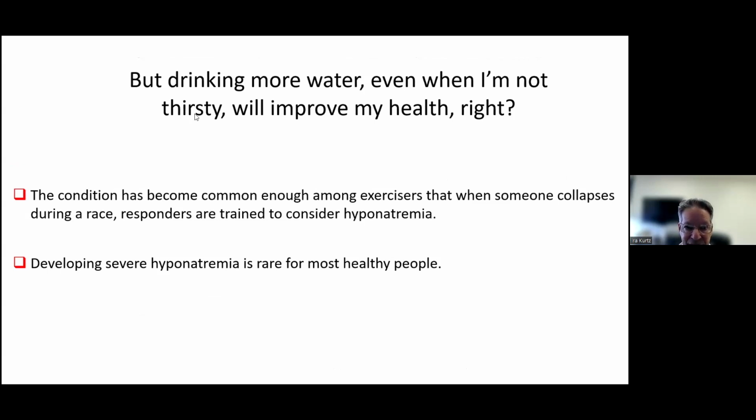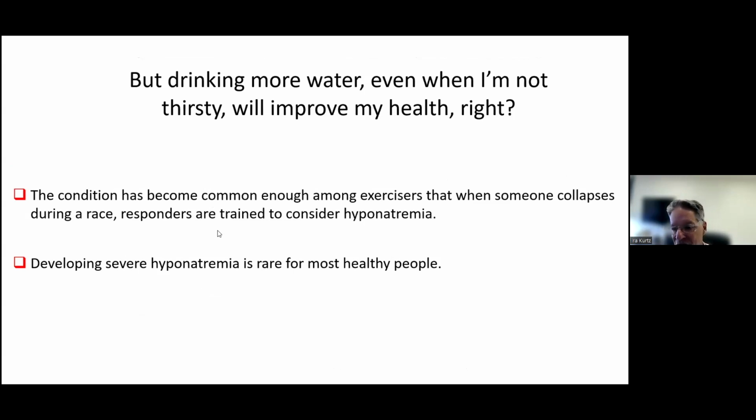So the condition has become known enough for exercisers that when someone collapses during a race, people respond not by thinking they're dehydrated, but that they took too much water prior to the race. And they have hyponatremia. They actually are overhydrated, is what coaches and other people think about now. You would think before, oh, they collapsed during the race, they collapsed because they're dehydrated.